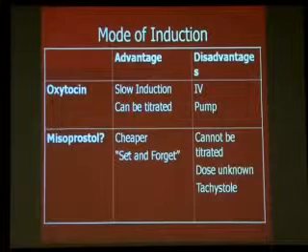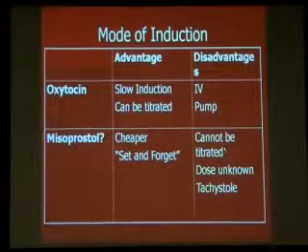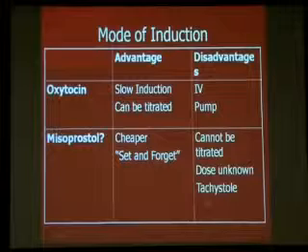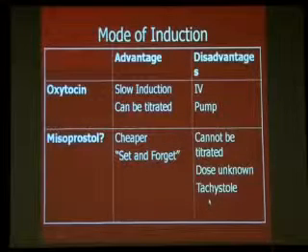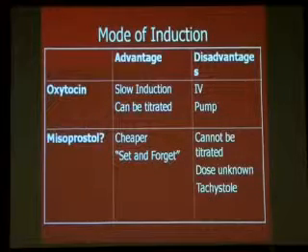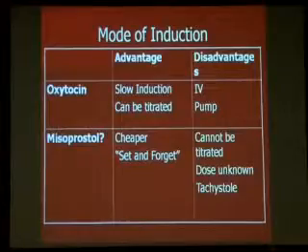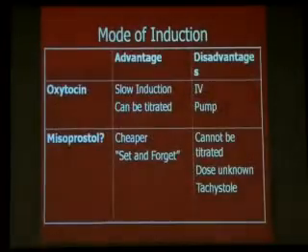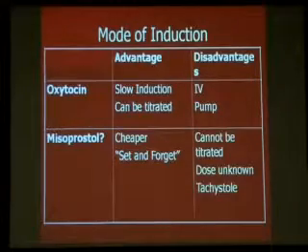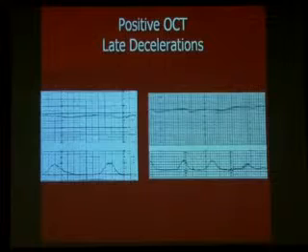It's cheaper, obviously, but it cannot be titrated and the dose is unknown, and there's increased risk of tachysystole, hyperstimulation with misoprostol. That's something studies have shown again and again. So if you have a baby with asymmetrical IUGR, I think giving misoprostol is not the best choice.